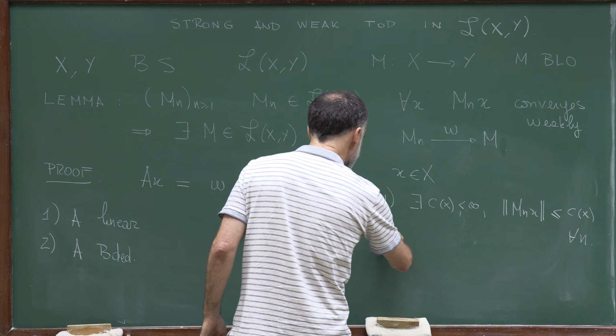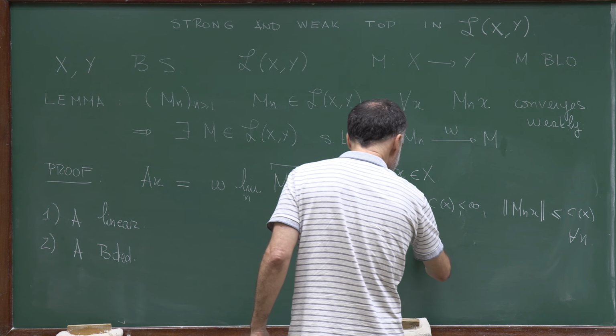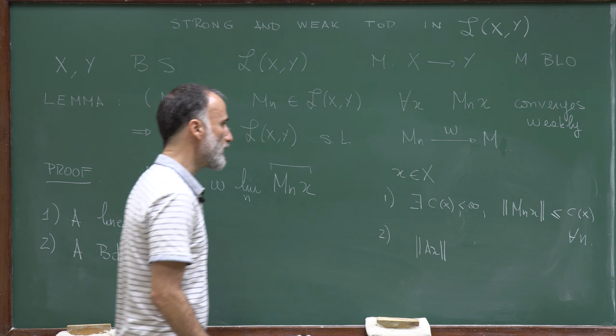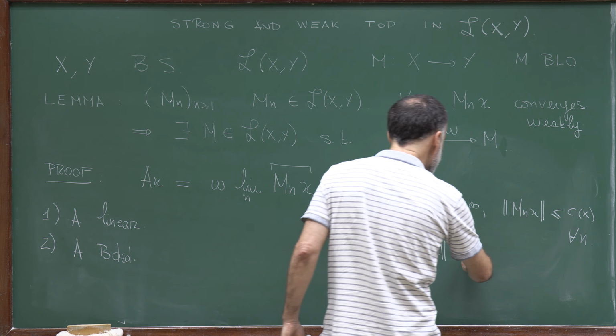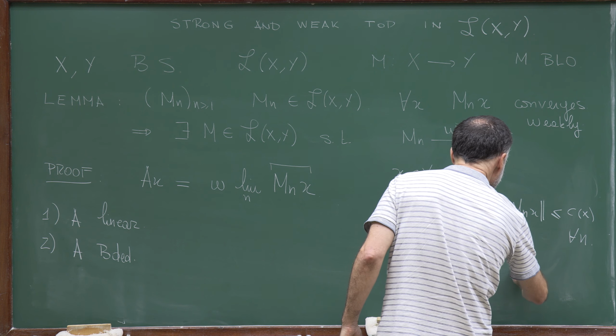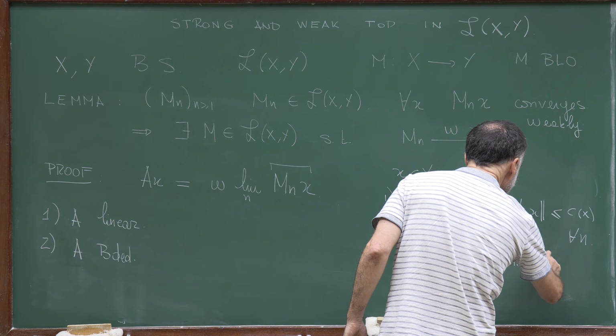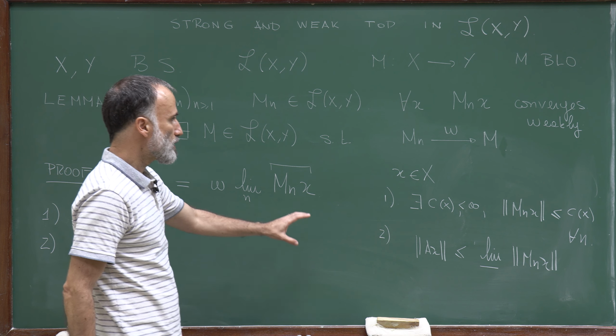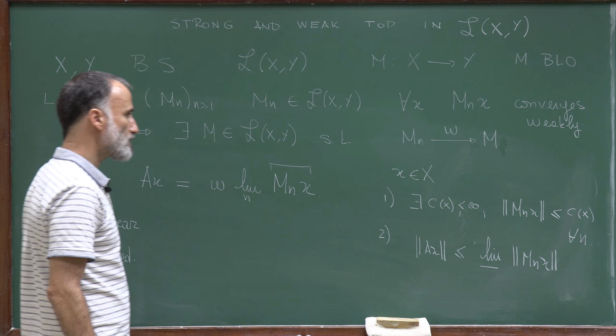And second is that the limiting point, which is called Ax, has a norm bounded by the lim inf of the norms of M_n x. So we proved these two facts in a previous lecture.